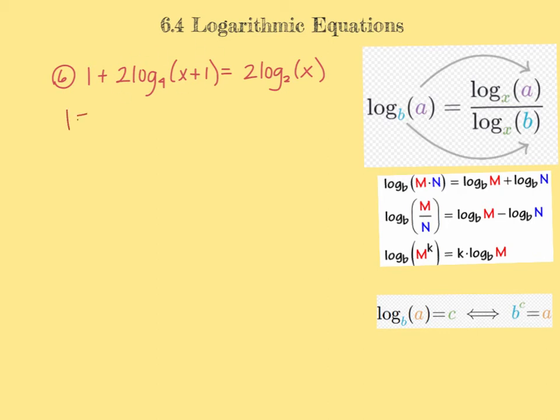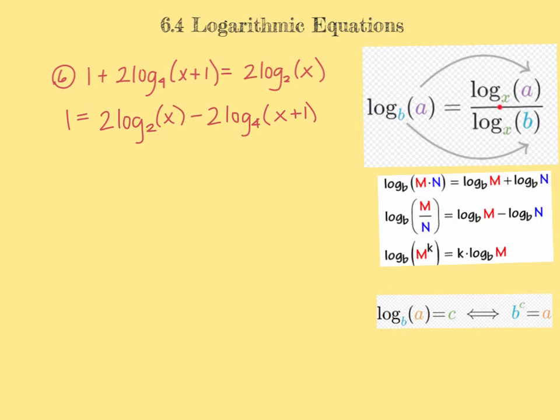So we'll have 1 equals 2 log base 2 of x minus 2 log base 4 of x plus 1. So this is our only problem that our bases have not been the same. Therefore, we want to use the change of base formula. So what we'll do is we'll change this term right here to have a base of 2. We'll get to the smaller base.